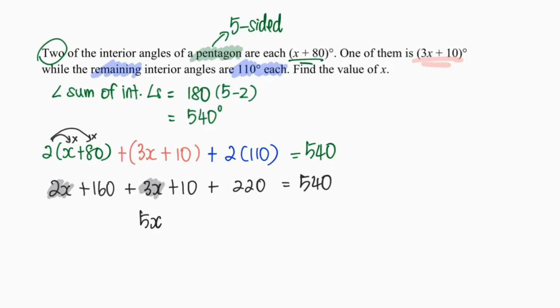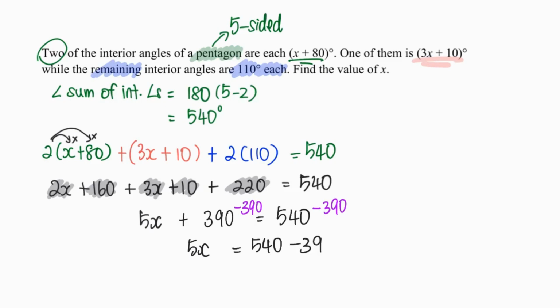Then I move on. 160 plus 10 plus 220 is 390, and therefore I'm going to minus 390 on both sides, so that you will see the next line doesn't have a 390 here already. So 540 minus 390 to give me 150.